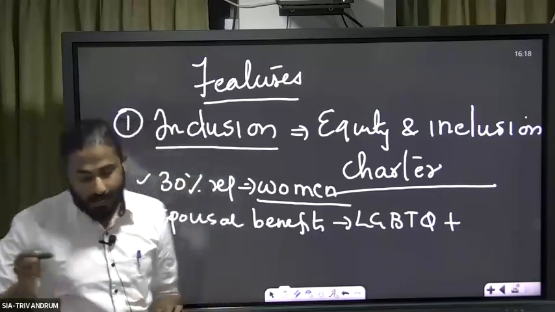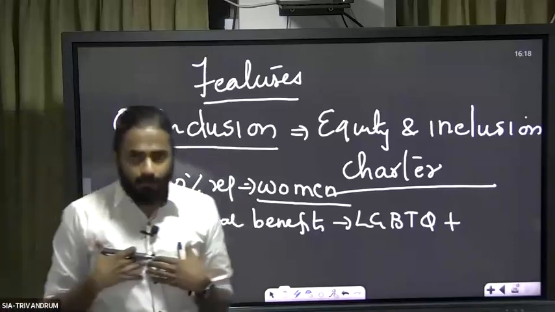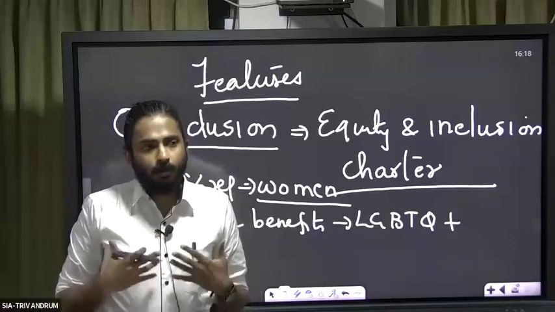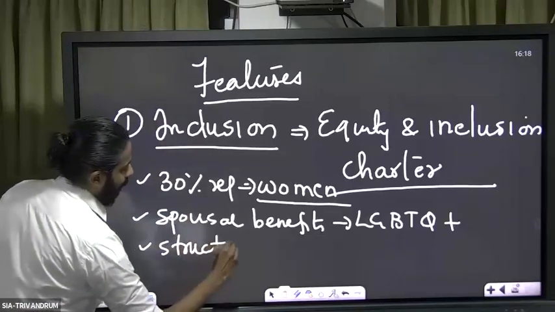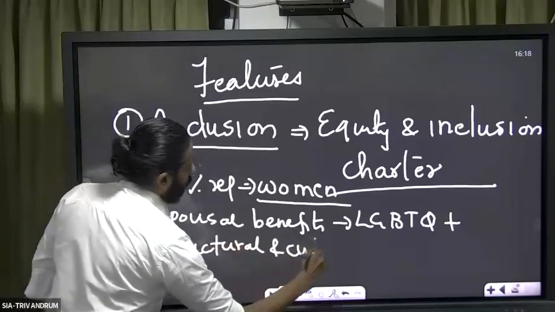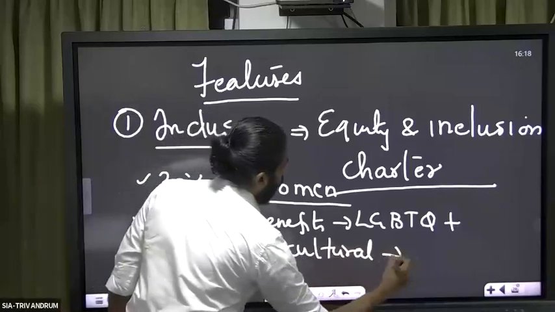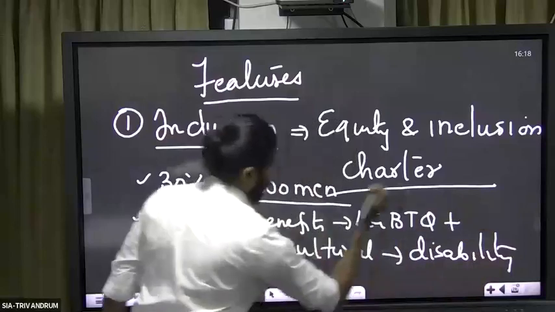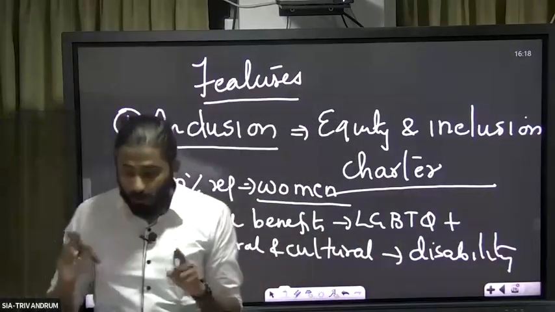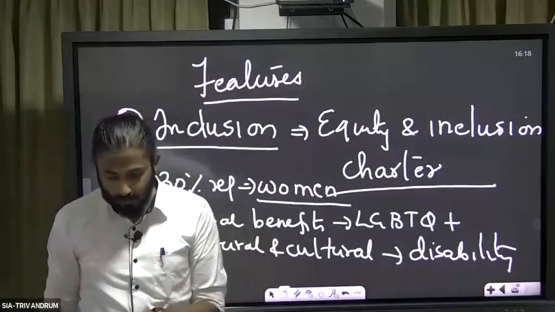What is cultural? Our attitude should be more inclusive. So structural and cultural changes for people with disability in all publicly funded scientific institutions.